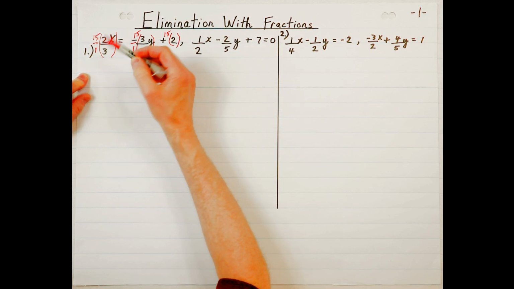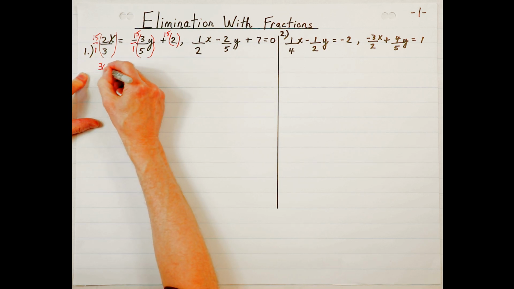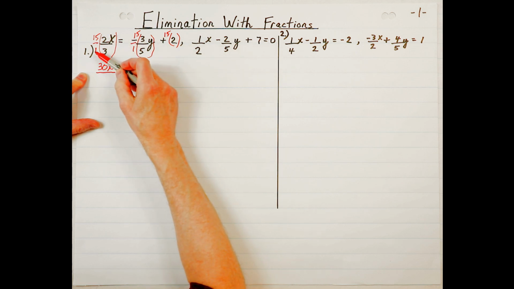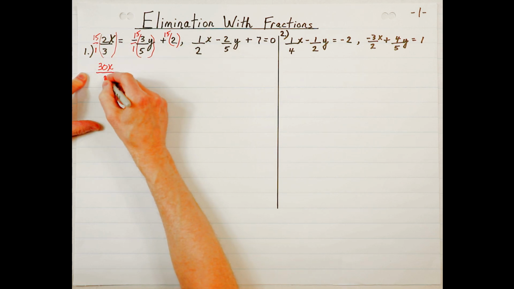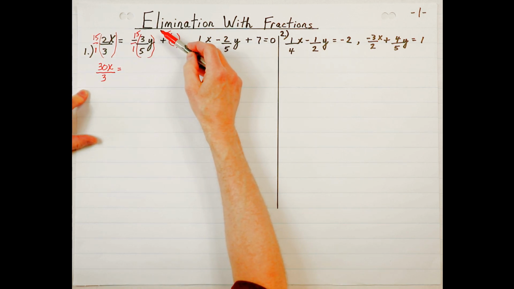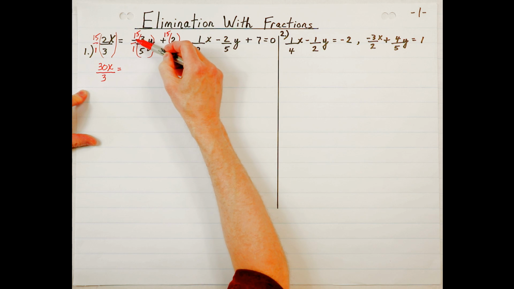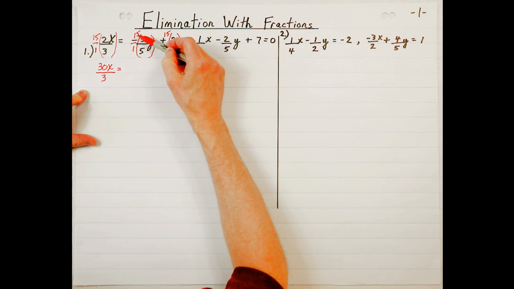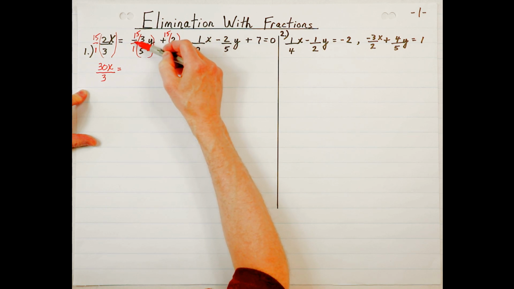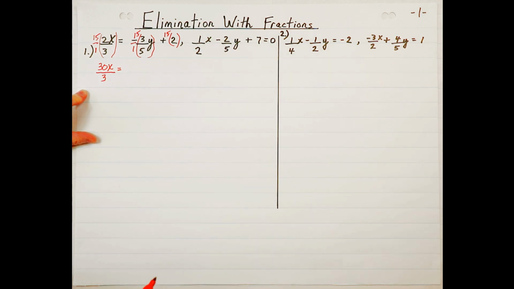So 15 times 2x is 30x for the numerator, and the denominator is 1 times 3 is 3. Second part of the equation. Now, this turns into negative 15. I didn't have room to squeeze it in there, so just remember if there's a number outside of the bracket and there's a negative sign there, that negative sign now belongs to whatever number you're multiplying by.